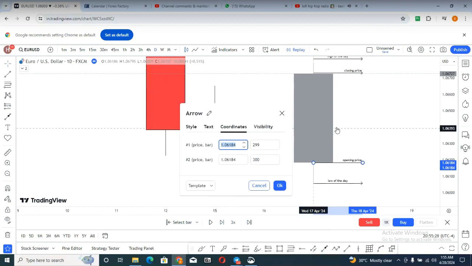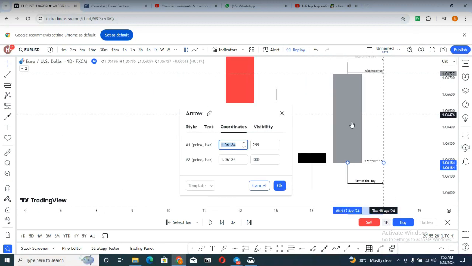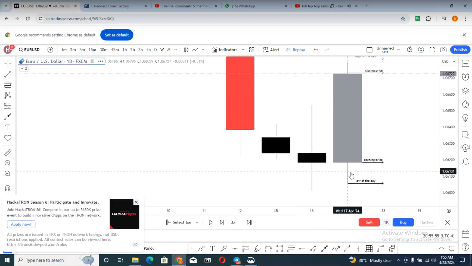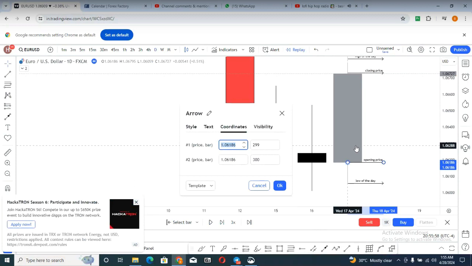Let me place my candle here for the value. The opening is 186. So I think I'll increase this. The low of the day is 186 also. Wait a minute. The opening price for this also 186.